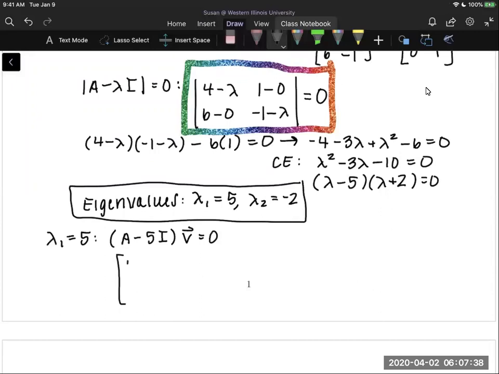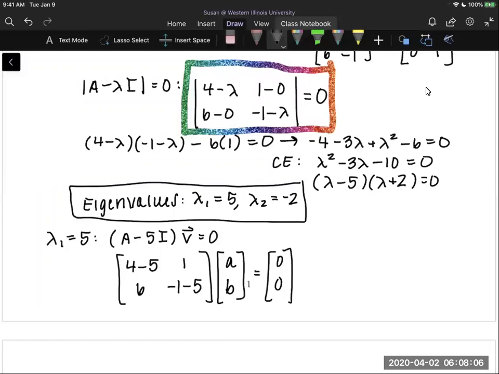So I want A minus 5I. You'll notice all I'm doing is replacing all the lambdas with the 5. V is what we're trying to solve for. That vector, we don't know what it is, so I'm going to call V some column vector (a, b), and our goal is to find a and b. Then I want to equate this to 0.